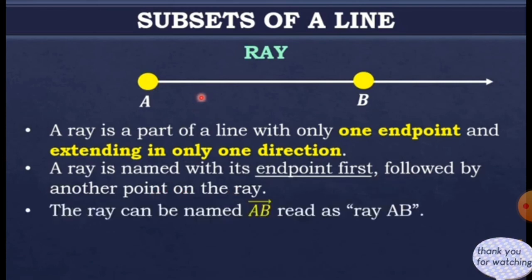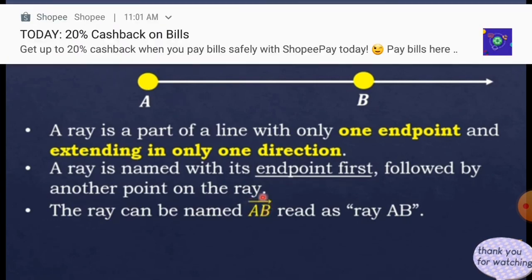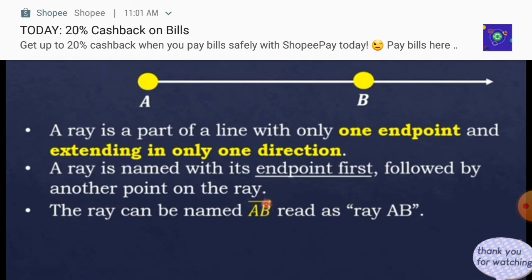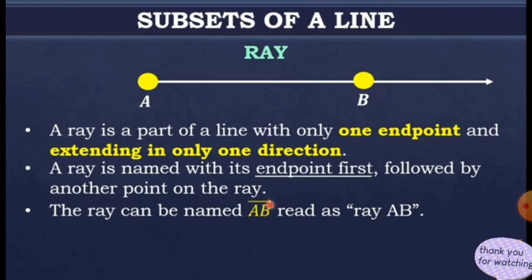So given this figure, this can be named as, okay, kapag line segment, wala siyang arrow. Kapag ray, isa lang po yung arrow niya. Okay. Ang arrow niya ay lagi pong nasa kanan. Ang endpoint po lagi ang nasa unahan. Kaya nga po sabi dito, ray is named with its endpoint first. Kaya ang symbol niya, ganun din. Endpoint muna bago yung infinite direction.